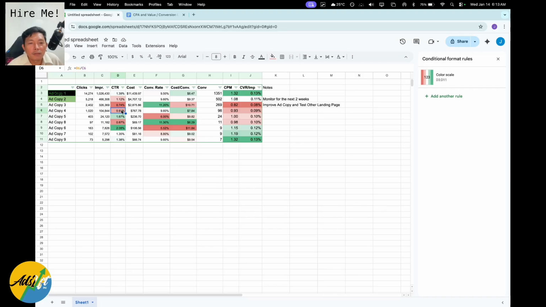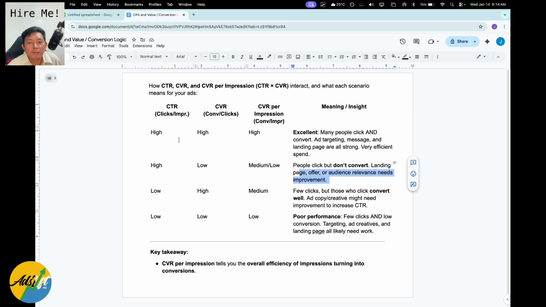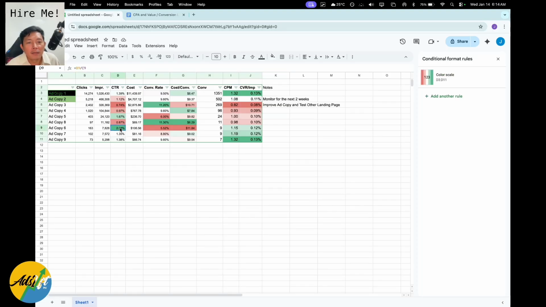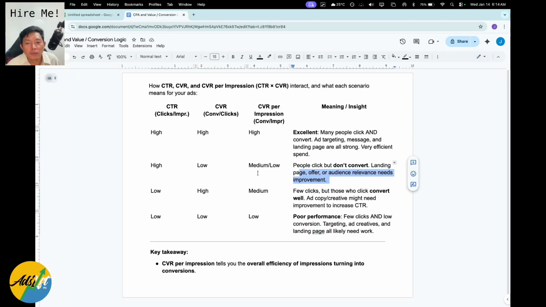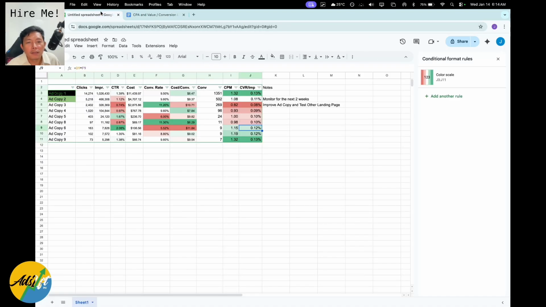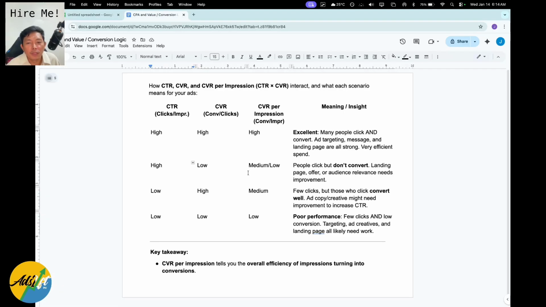I think this one I'd copy. So this one is high, then low. One resulted to medium, the medium low is high CTR, low conversion rate.